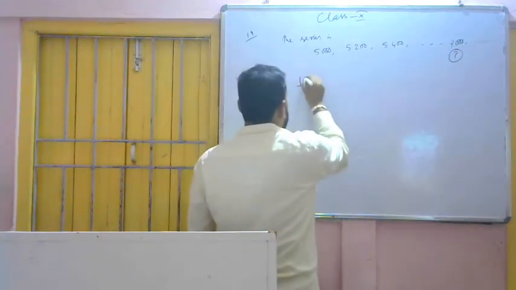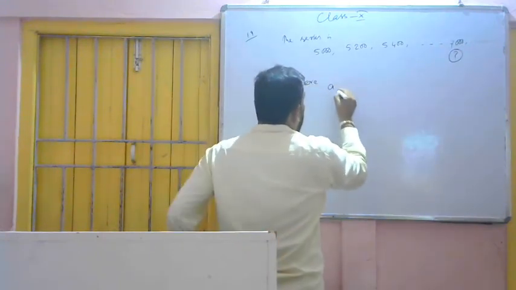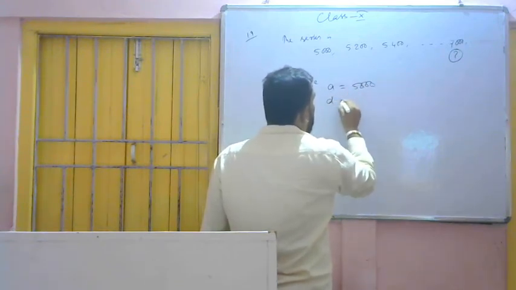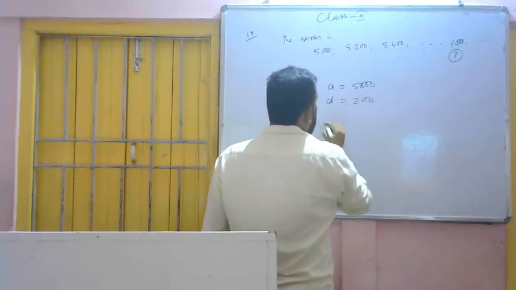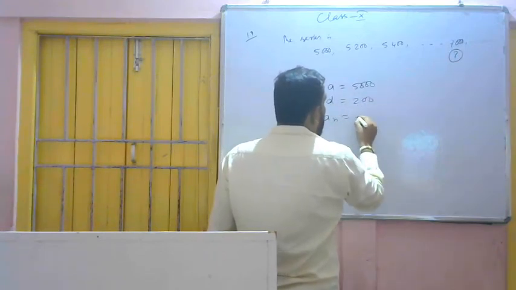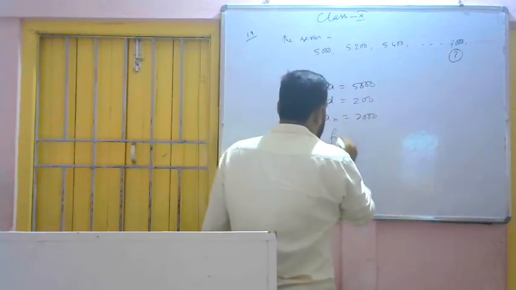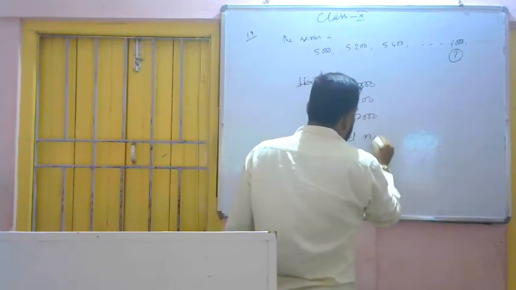Here first term A is equal to 5,000, common difference D is equal to 200, and AN is equal to 7,000. What is to be found? To find N.